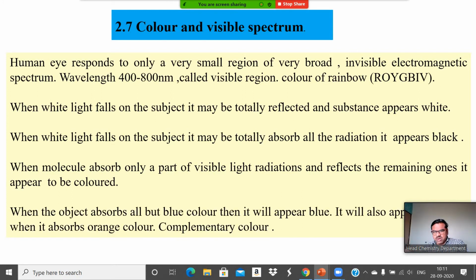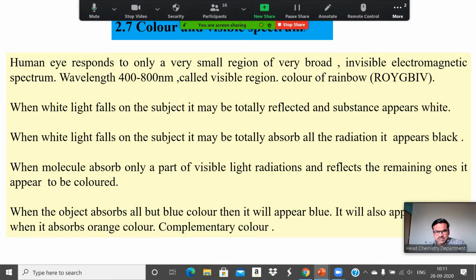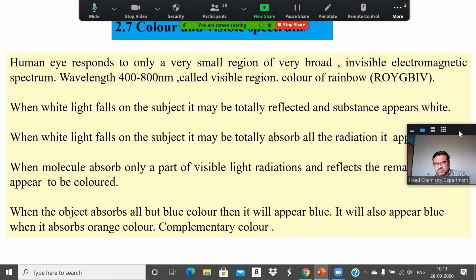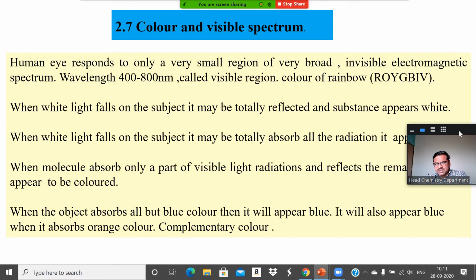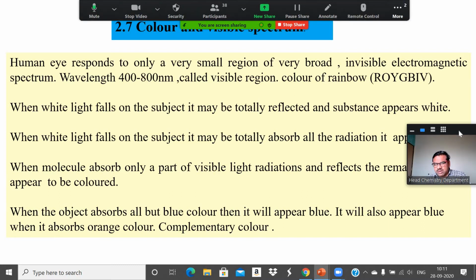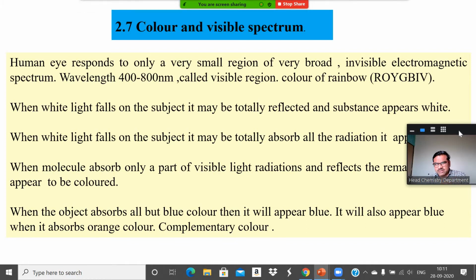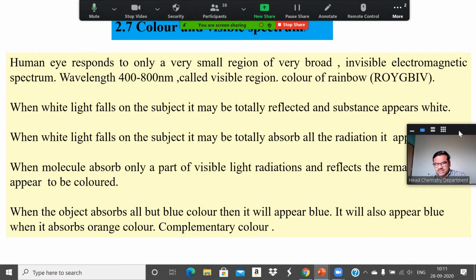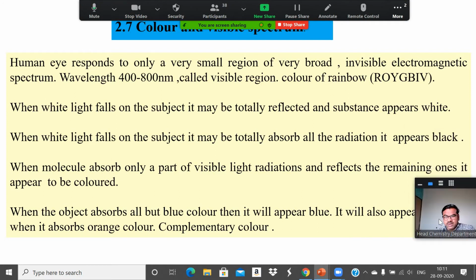When the object absorbs all but blue color, it will appear blue. It will also appear blue when it absorbs orange color, which is the complementary color of blue. It means that when orange color is absorbed by that particular object from the rainbow colors, the object appears blue.